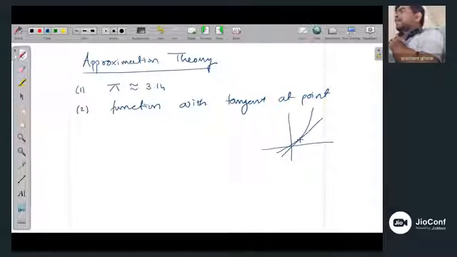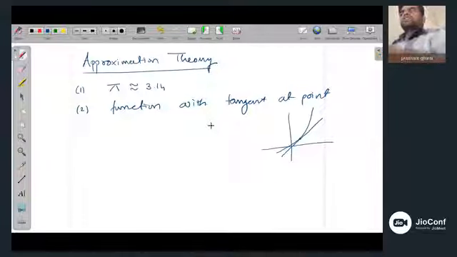So at that point, this tangent is approximating this function. When you go away from that point, the error will be large. So in approximating a function at a point, the tangent is used.